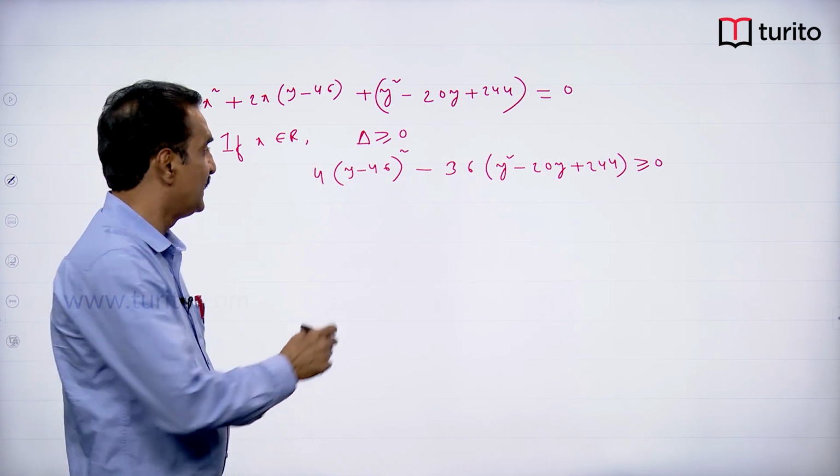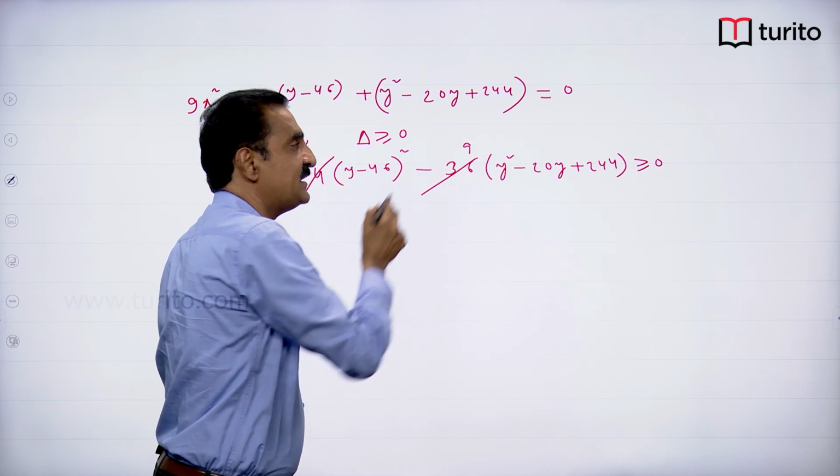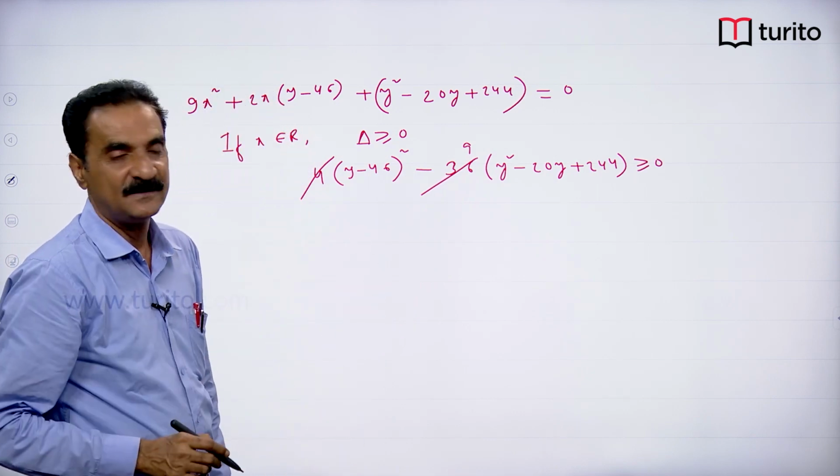We have to solve. You can divide by 4, then this 4 cancels, this 36 becomes 9. Now you expand.